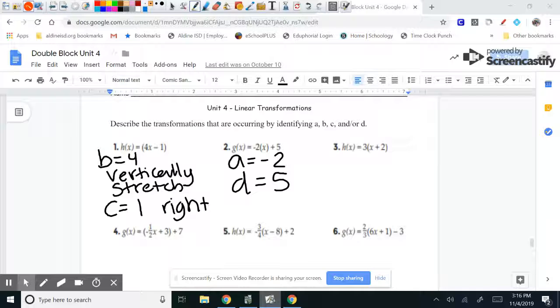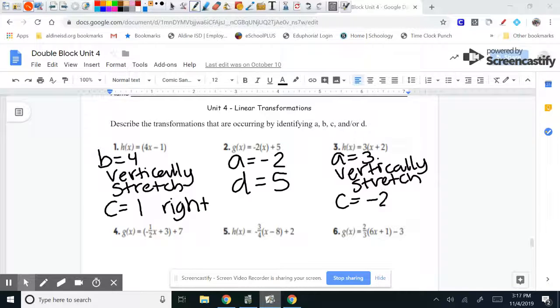All right, number 3. The 3 is in front of the parentheses, so that means that's A. And it's a bigger number than 1. So then that means this is going to be vertically stretched. And then the 2 is inside the parentheses, so that's the letter C. So I do the opposite because inside the parentheses on the front page, it says it's supposed to be a -C.